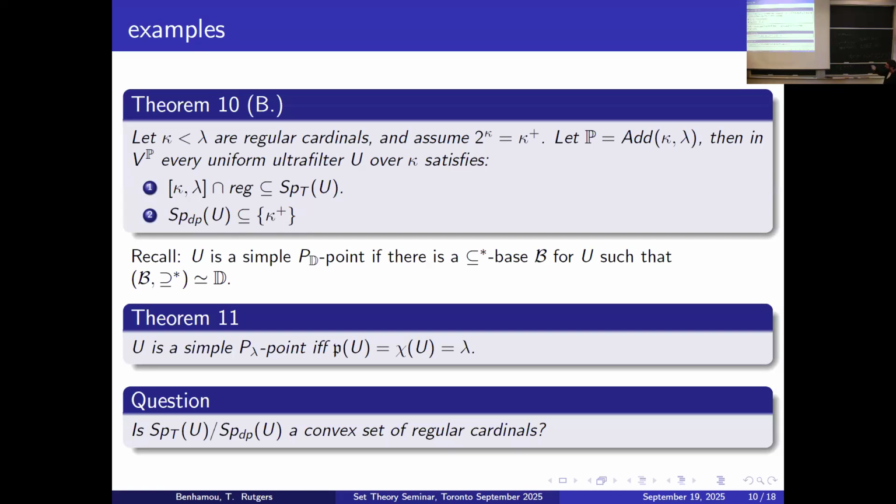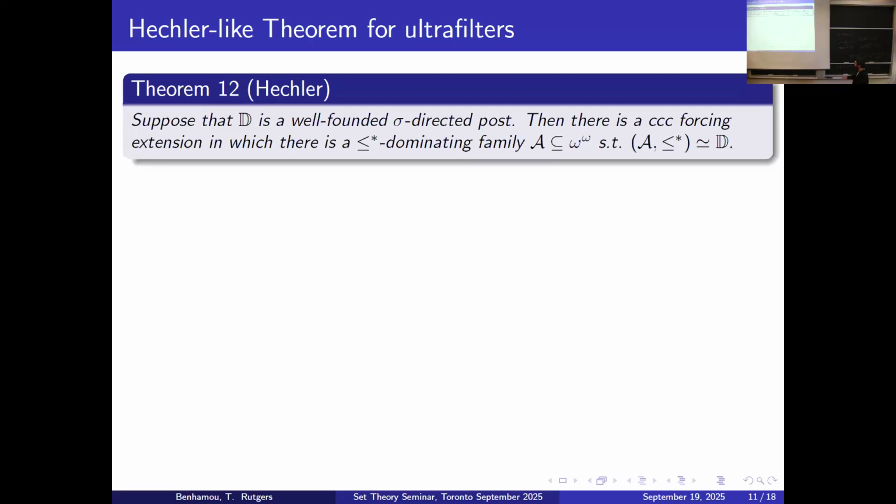The next theorem in particular answers this, but I think it's a nice theorem that you should see. This is Easton's, not mine, or at least it's an analog of Easton's theorem. Easton proved that you take any directed set D, which is well-founded and sigma-directed.